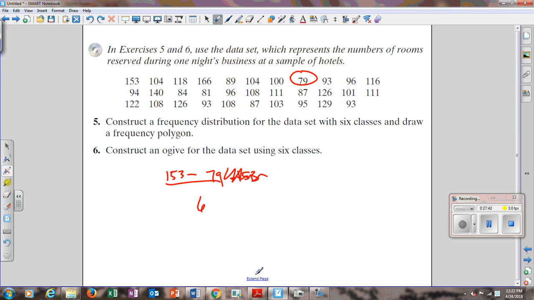That gives you 12.3, so we're going to round that up to 12.4.